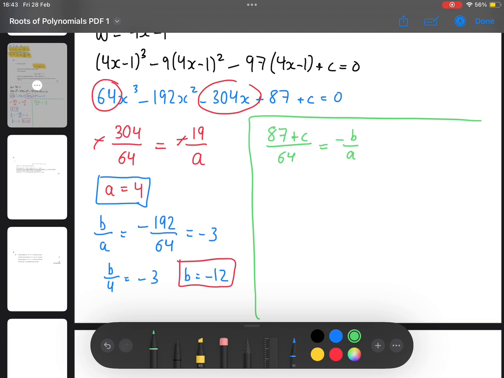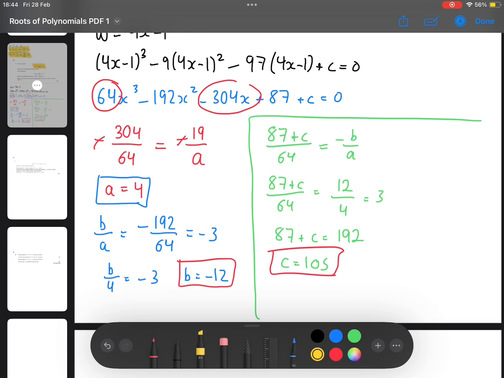And we know what that is now, so 87 plus c over 64 equals minus minus 12, which is plus 12, over 4, which is 3. And multiplying both sides by 64, 87 plus c equals 192, and this gives us c equals 105.